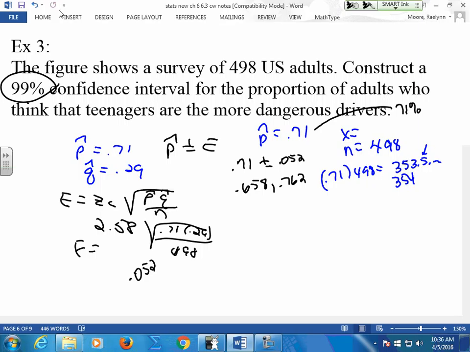I add and subtract it. So now I'm going to say anywhere from 65.8% to 76.2%. I can be 99% confident that the population proportion, or percent in this case, will be between 65.8 and 76.2% that think teenagers are the most dangerous. So that gives me a little bit more wiggle room in there, rather than guessing one number. But the rest of it's not changing. Everything else is pretty much staying the same.